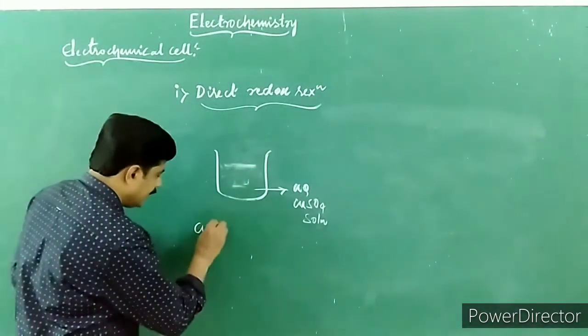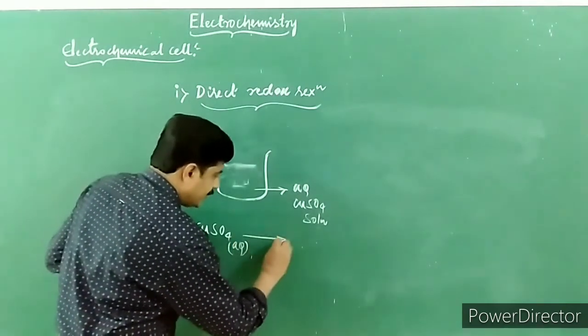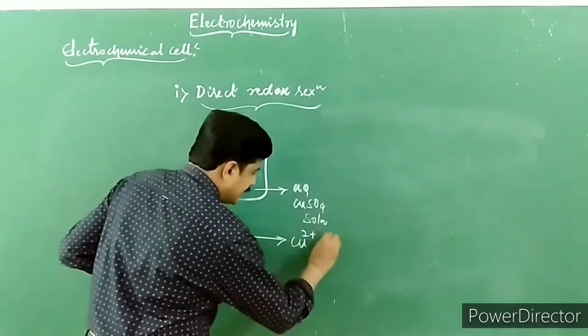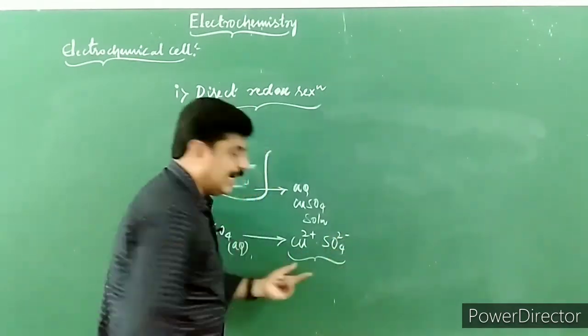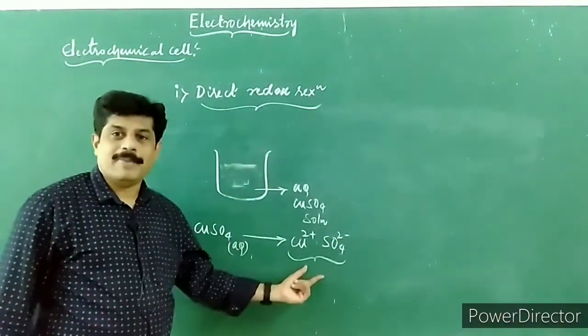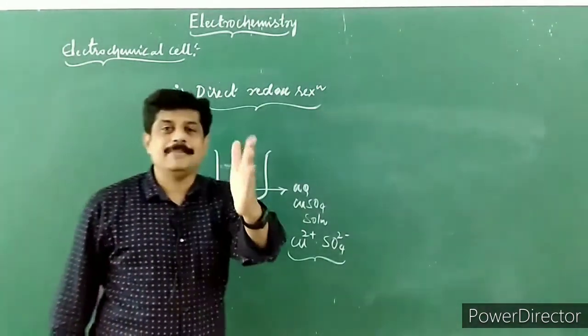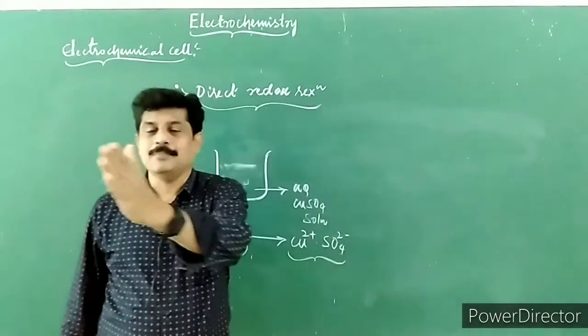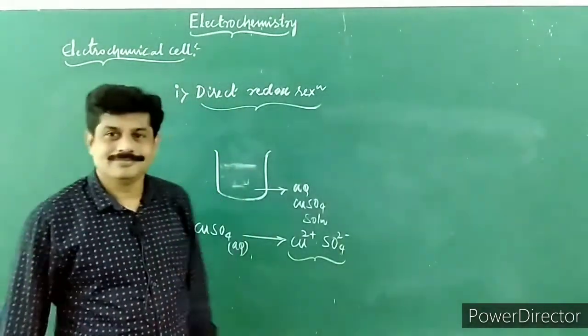Let me write, look here, copper sulfate when dissolved in water undergoes dissociation to form Cu2+ ions and SO4 2- ions. Children, the ions formed by the dissociation of copper sulfate in the aqueous solution exhibit random independent motion, and the color of the solution is blue.